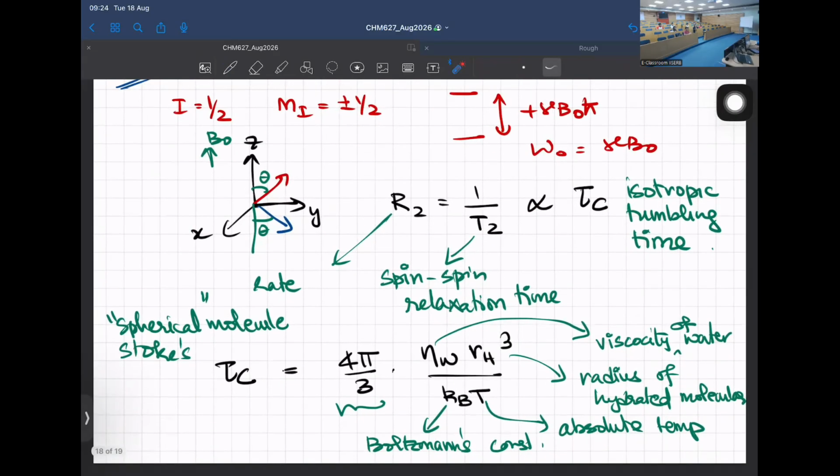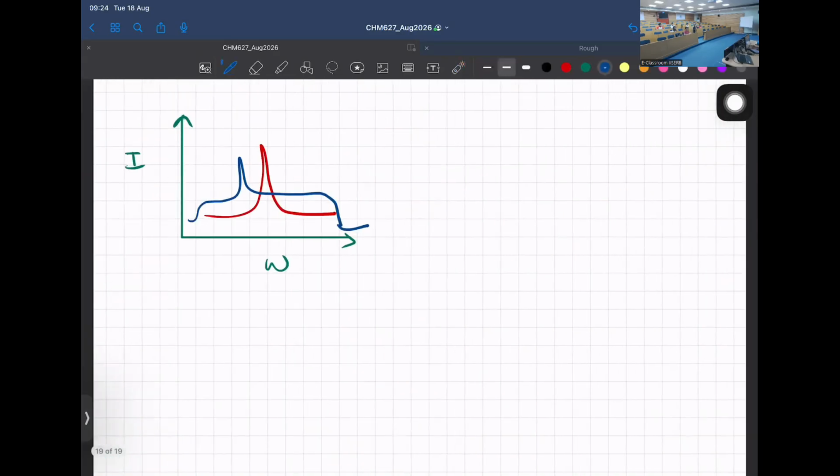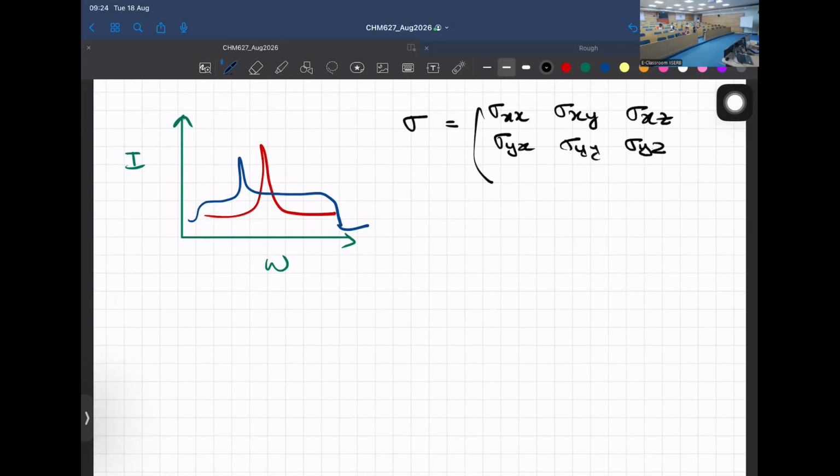Sure, no problem. Okay, so this is something where I had made a mistake in the previous class. We were talking about the tensor, which I wrote in terms that I would like to correct right now, where the chemical shift is a three-dimensional parameter.